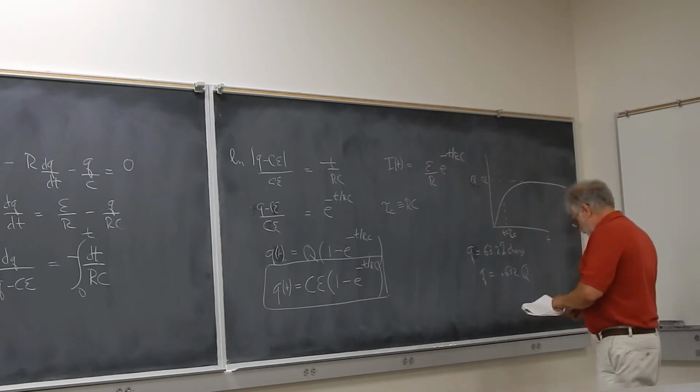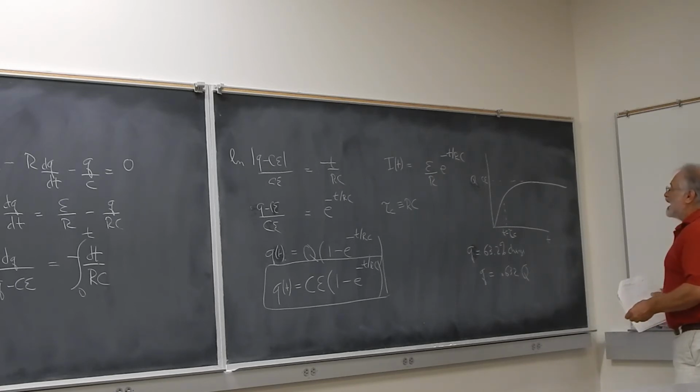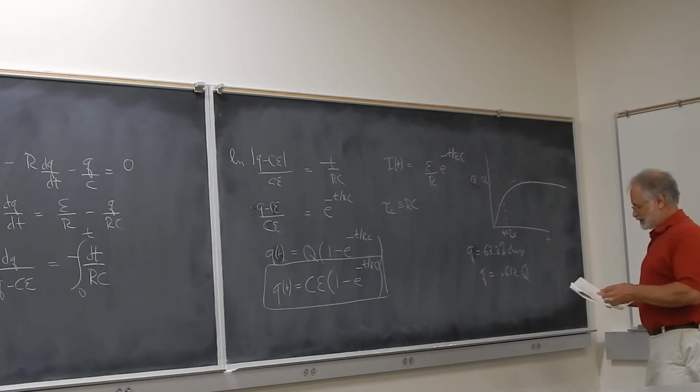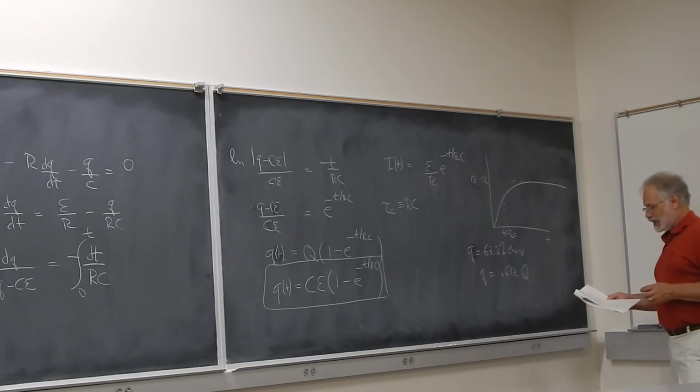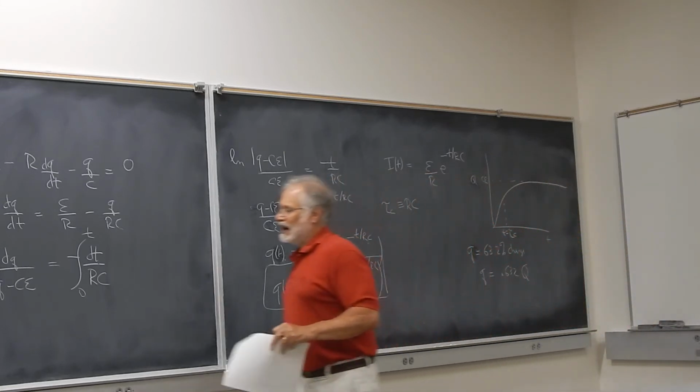So that's kind of a nice graph. Notice too that the current is going to be an exponentially decreasing function by the same token. And so we can do an example of this.